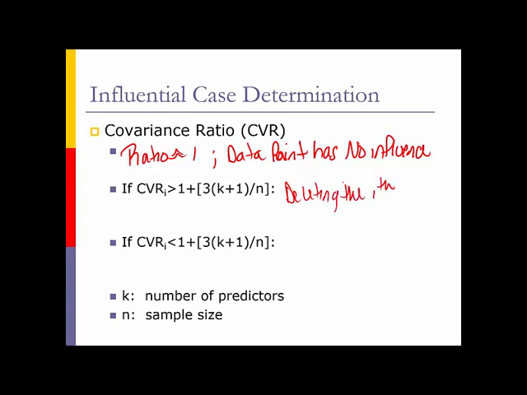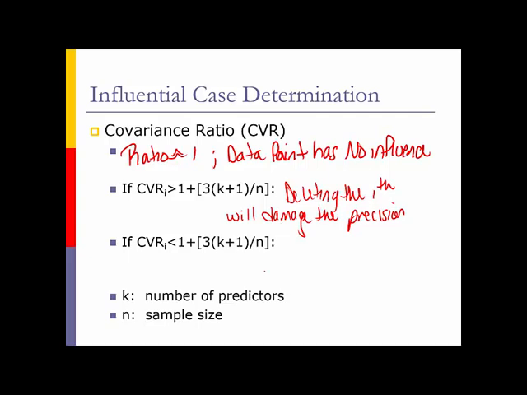If the covariance ratio is greater than that, then deleting the ith data point, if we remove it, we're going to damage the precision of the model.